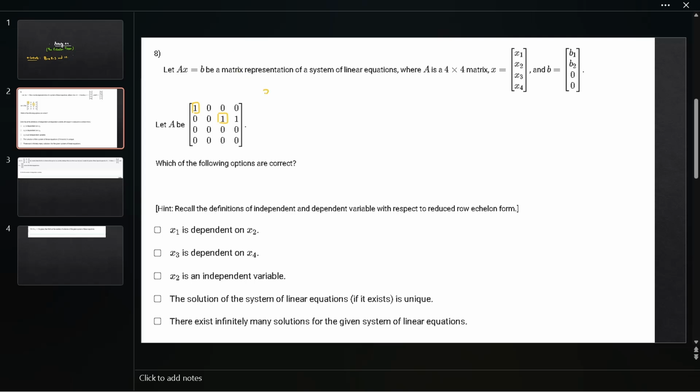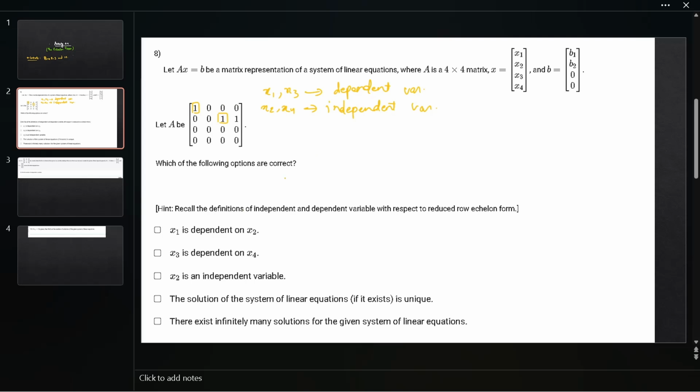So thus we can write x1 and x3 are dependent variables, whereas x2 and x4 are independent variables.